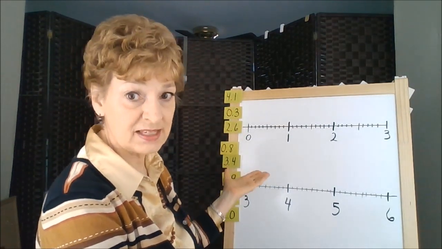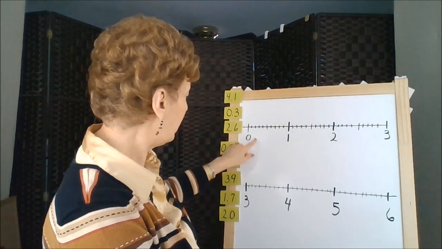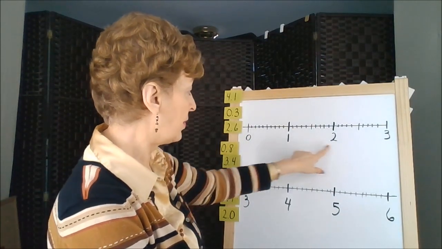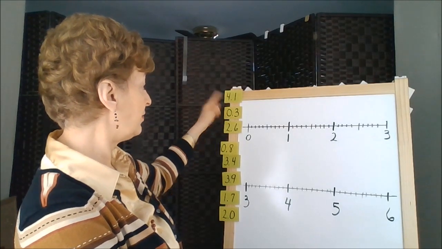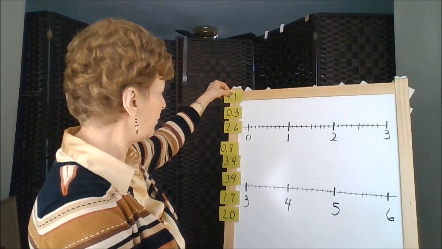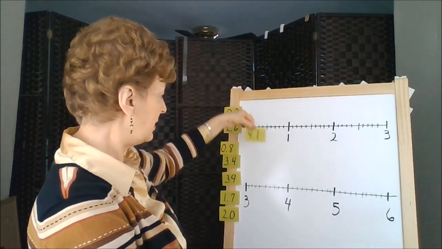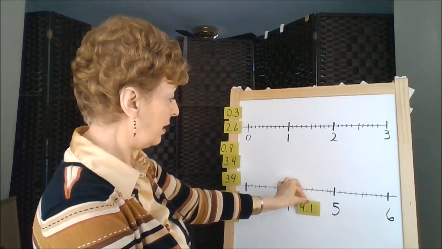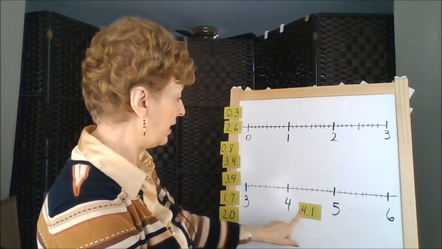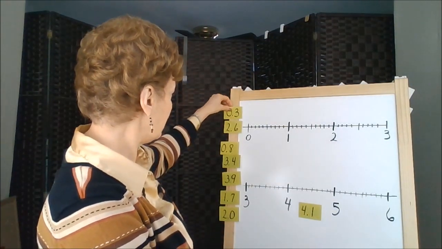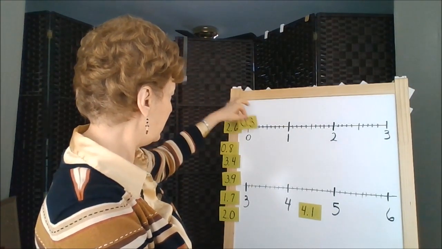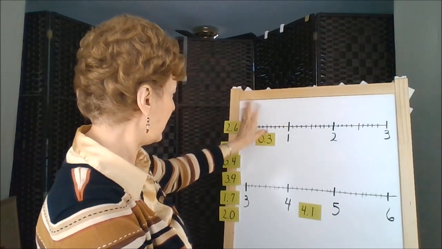That's the tenths place. But the decade of the whole numbers is signified by the number that's to the left of the decimal point. So here we have 4.1. This is going to be placed here between the 4 and the 5. The 0.3 would go between the 0 and the 1 decade.